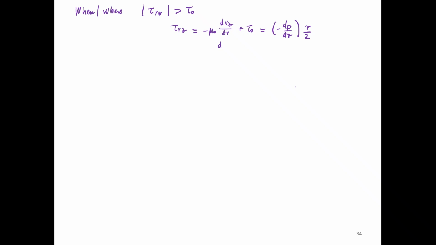So my dVz dr is, when I divide by minus mu 0, I get 1 over 2 mu 0 dp dz r plus, this is minus tau 0 over mu 0.